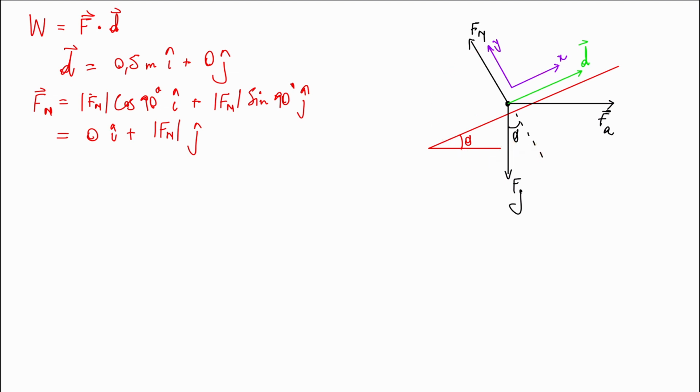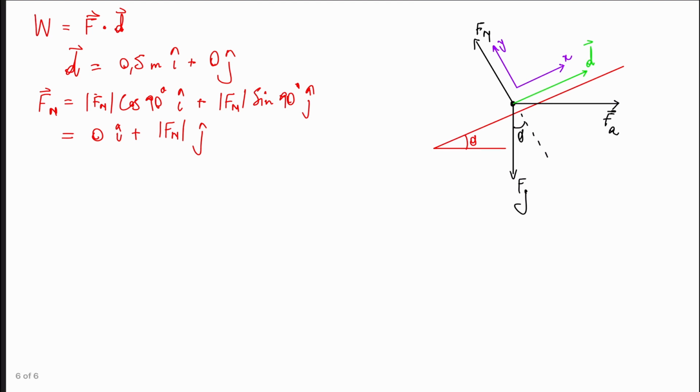The angle from the positive x-axis measured counterclockwise will be equal to 270 minus theta, because remember, this is the first quadrant, this is the second quadrant, and this is the third quadrant. So if we begin from the positive x-axis and sweep all the way to this force, it will be 270 minus theta.